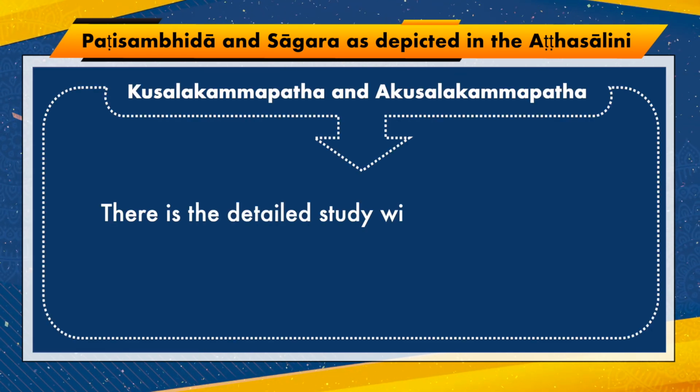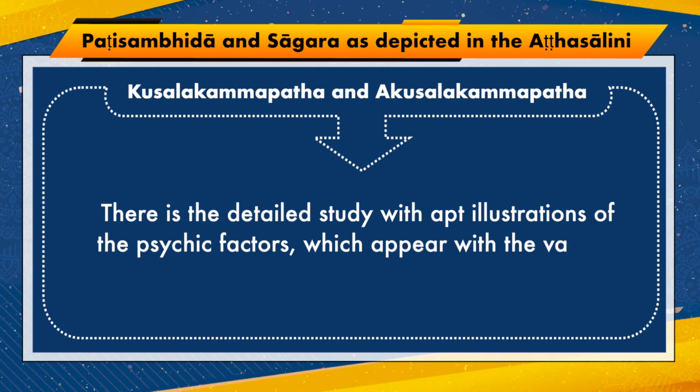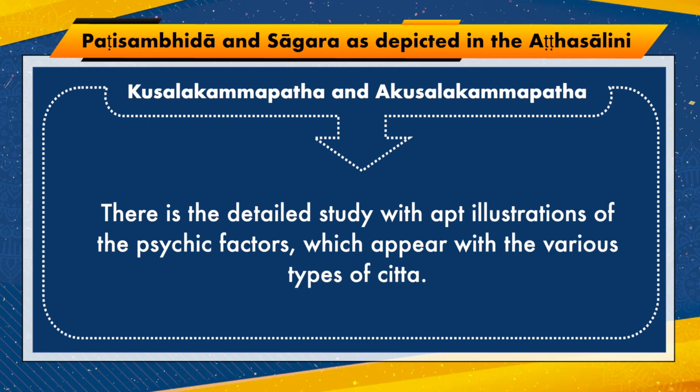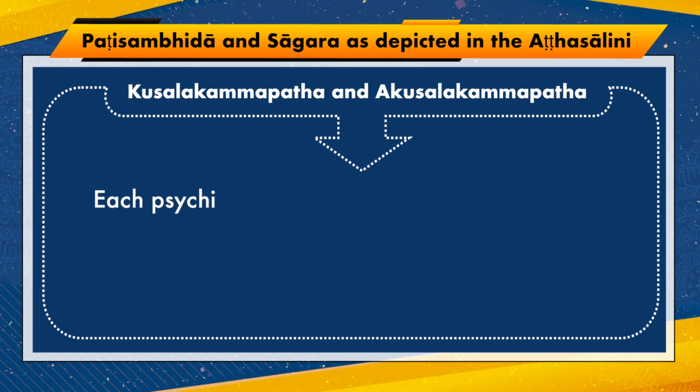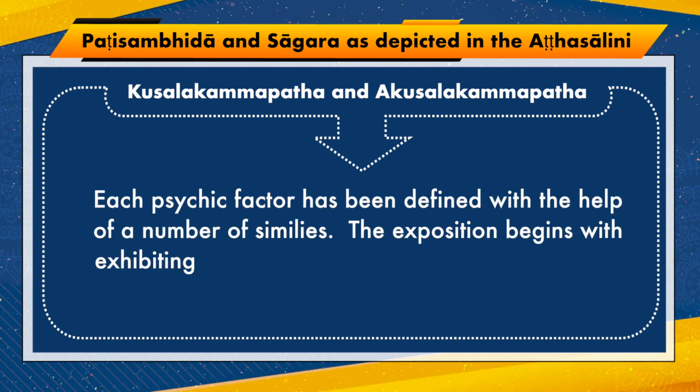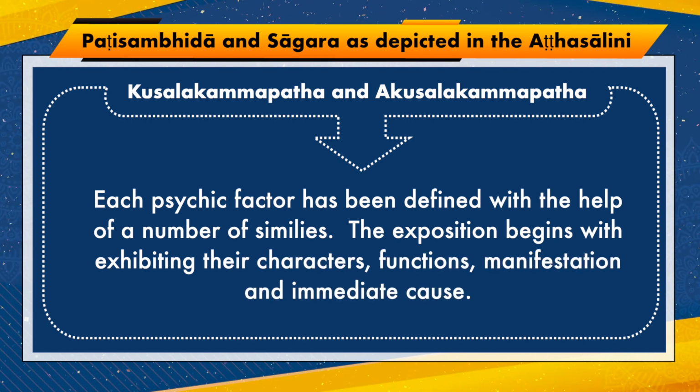Thereafter, there is a detailed study with apt illustration of the psychic factors which appear with various types of Chitta. Each psychic factor has been defined with the help of a number of similes. The exposition begins with exhibiting their characters, functions, manifestation and immediate causes.